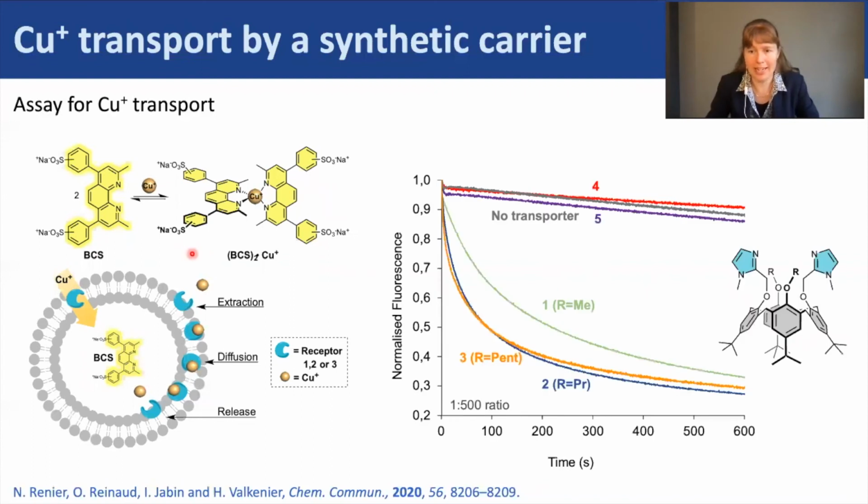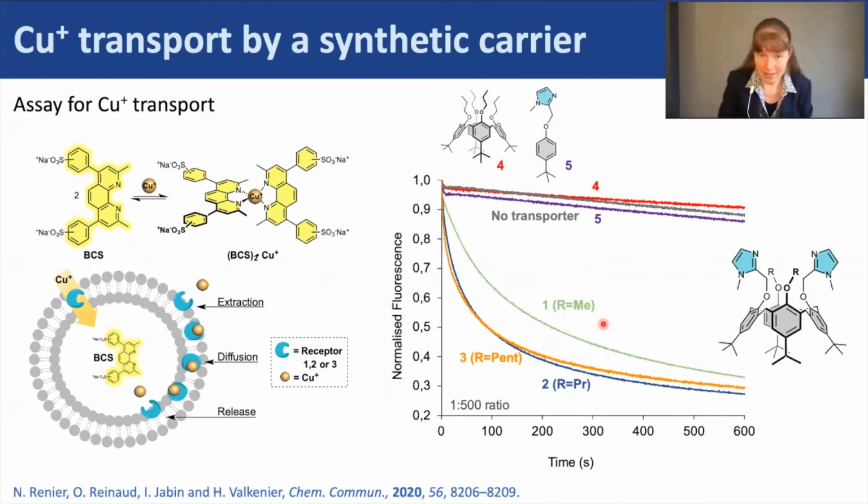So indeed, when he then studied the transport by his compounds for these calixarenes with different R groups, he saw transport, and the propyl and the pentyl group were more active than the derivative with just a methyl group that has a much more flexible geometry. And in contrast, if we only had a calixarene or only an imidazole group, then there was no transport.